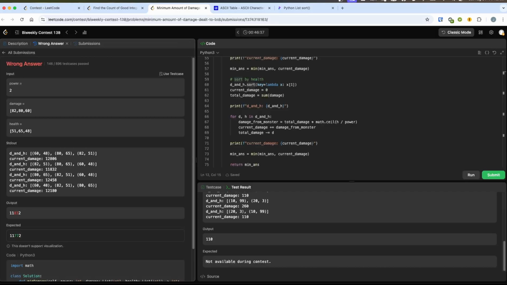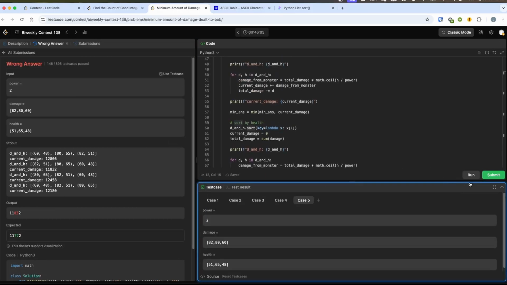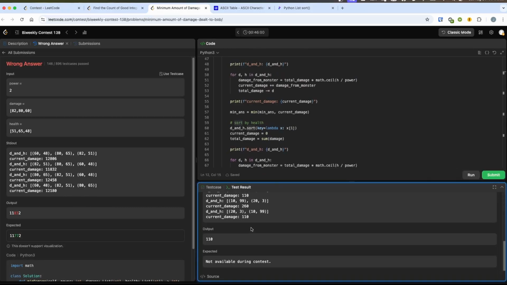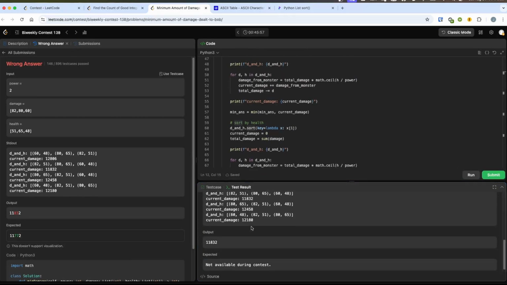Do I want to do about the number of turns they get? Right, so I think this one is getting an extra turn to hit me for 60 damage. Right, so yeah, it's here 11832.